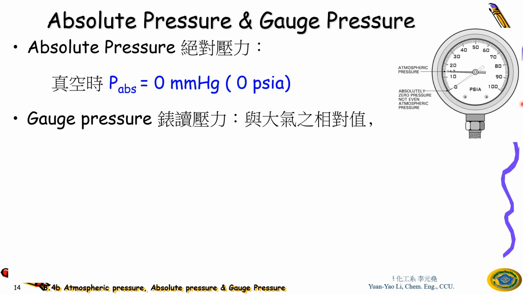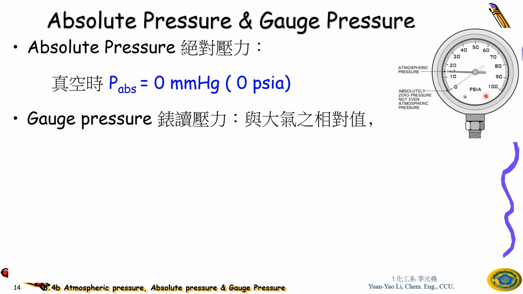Okay, so this is a Bourdon gauge. This is the kind of gauge I'm going to show you very soon. This is PSIA, right? PSI is pound per square inch, you know that, right? What's A?